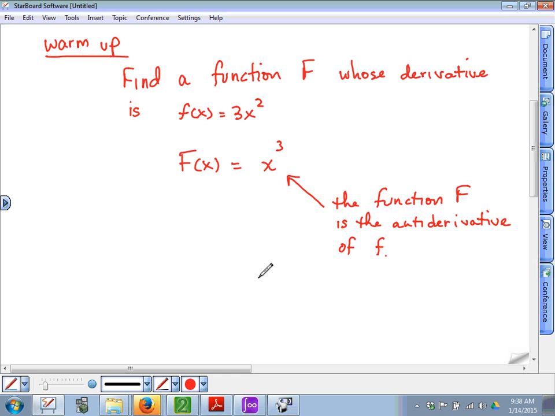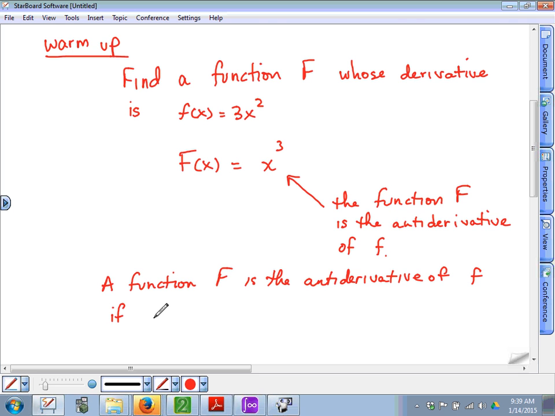So let's write this more formally. This is a formal definition. A function capital F is an antiderivative of lowercase f if, you guys might be able to tell me this, if what?